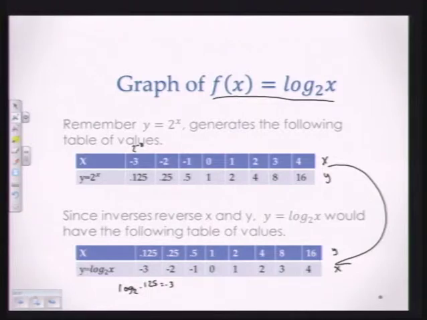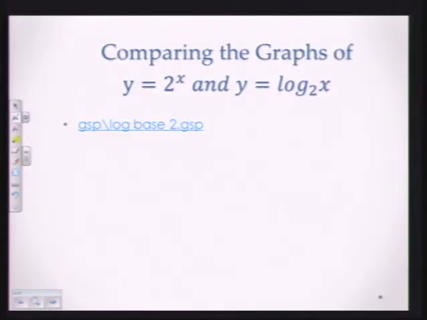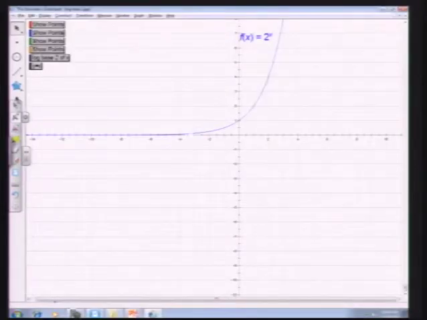Now, how does that work out as far as a graph is concerned? Well, we've got a Geometer's Sketchpad graph that will help us to see the relationship between the two functions. In this case, we're going to look at some particular points. Now, I'm starting with our exponential function, f of x equals 2 to the x, because remember our logarithmic function is going to be its inverse.